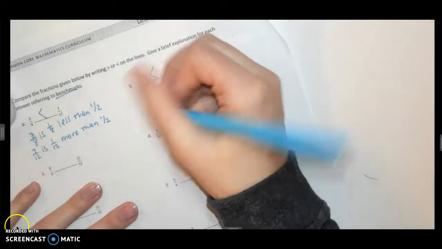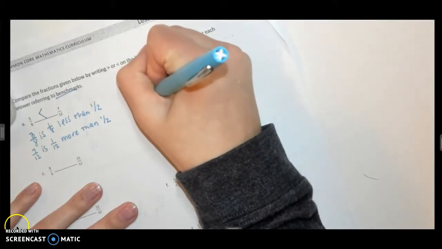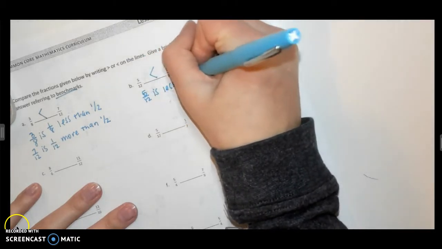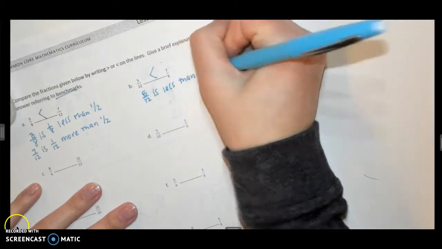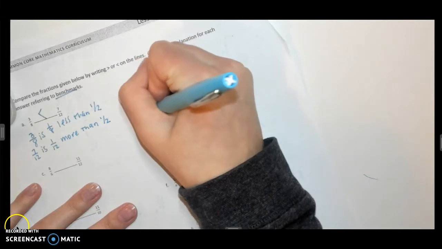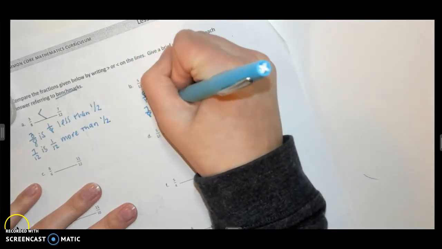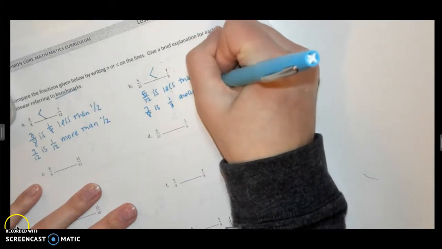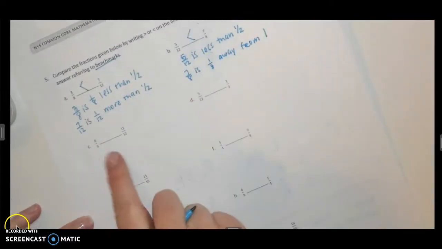Okay, and then I'll just write exactly what I said. 5/12 is less than 1/2. And 7/8 is 1/8 away from 1.